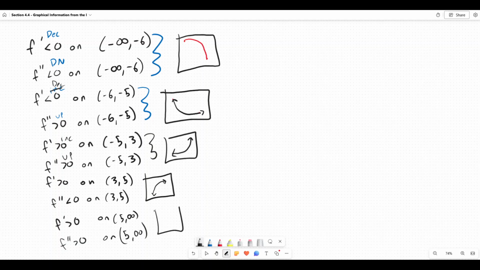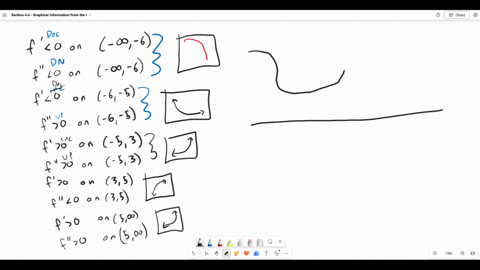And right here, we are increasing concave up. I can stitch all of these things together to create a somewhat interesting looking graph, right? I can get an idea of the sketch. So we start off decreasing concave down, and then suddenly we're flat, and then we come up.